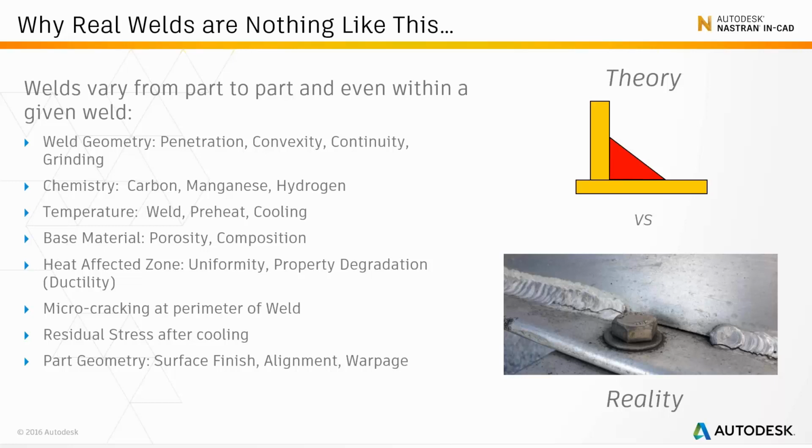So all of these things make it very difficult for us to take into account the geometry of our weld and that zone during our analysis. What I'm getting at is it's not realistic to expect that your simulation on welds is going to act anything like what will happen in reality.